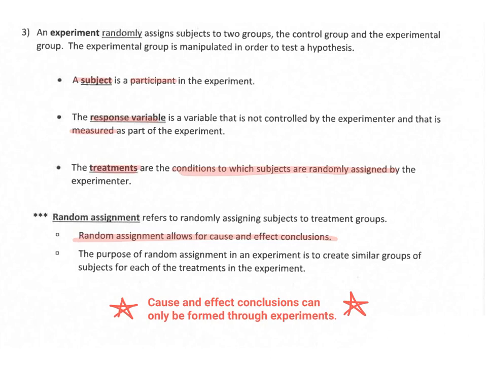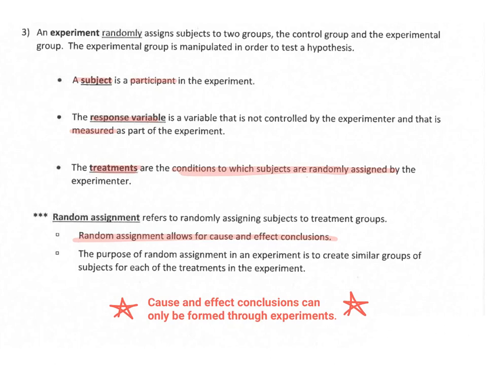That can only happen when the environment is manipulated and all aspects are kept the same between the 2 groups other than the one thing that they're testing for. So the only thing that can form cause and effect conclusions are experiments, not observational studies or surveys.